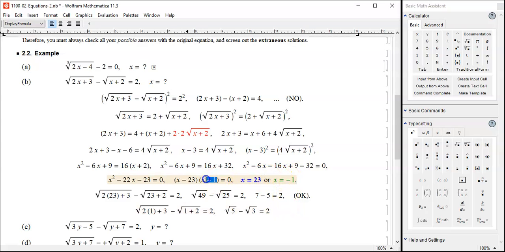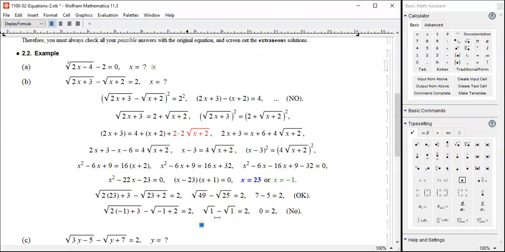X plus 1 is equal to 0. Yes, okay, at least it made some sense, but I don't think this will turn out to be true in any case. So 3 minus 2, so this is 1, and 2 minus 1, so 1. So what do you have? 0 is equal to 2. No. So this is not a solution. X equals 23 is.